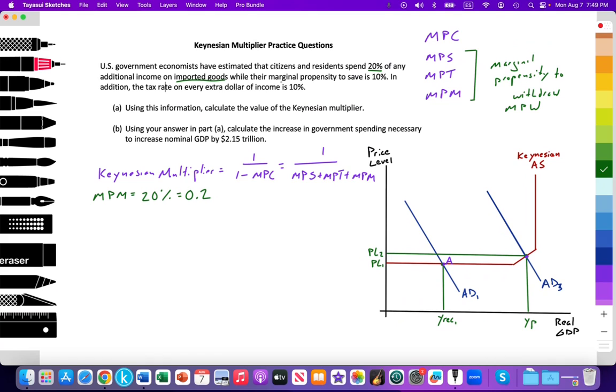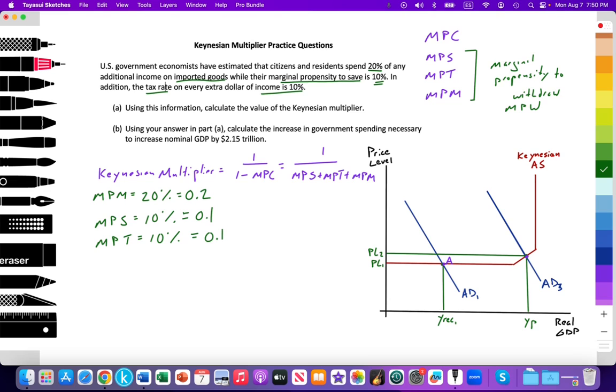Then we have the marginal propensity to save, which is 10%, the decimal value of 0.1. And then they give the tax rate on every extra dollar of income. The tax rate on any additional income is 10%, so the marginal propensity to tax is 10%, the decimal value being 0.1.